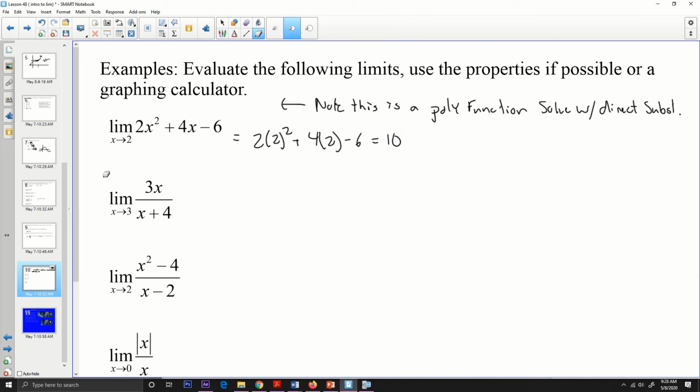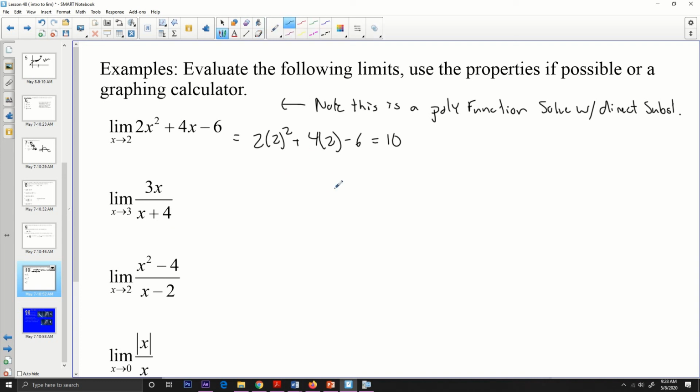And so our second example right here, we have the limit as x goes to 3 of 3x over x plus 4. Now this function right here is a rational function, but clearly, as x goes to 3, if I plug in 3, I don't get a division by 0.